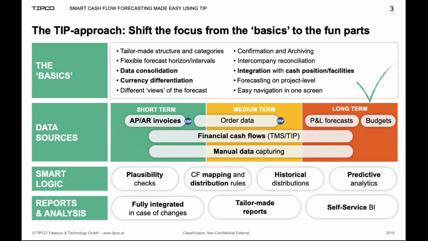However, preventing errors resulting from the data capturing, and that's a very good question, is exactly what leads me to the smart logic part, because in TIP, we have some built-in plausibility checks ensuring that the user is immediately notified if data he's about to enter does not make any sense.